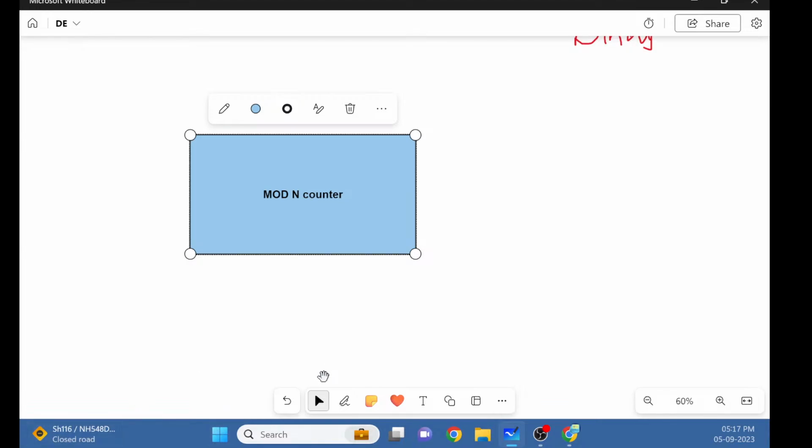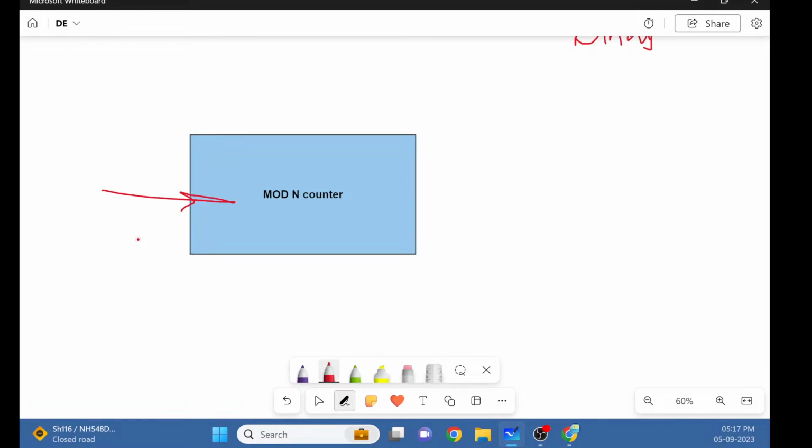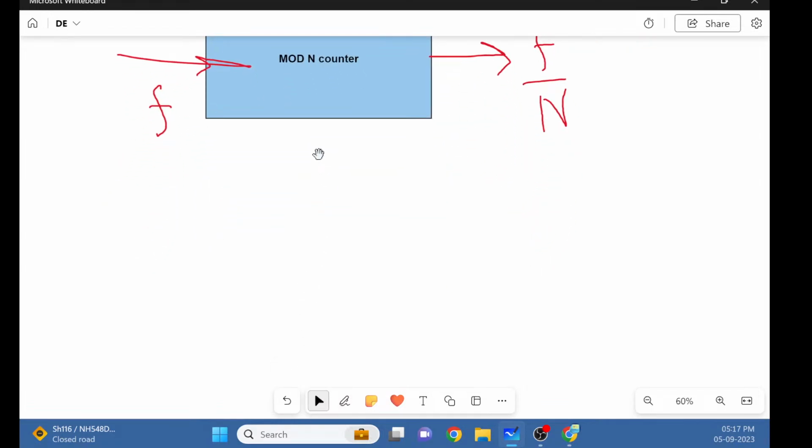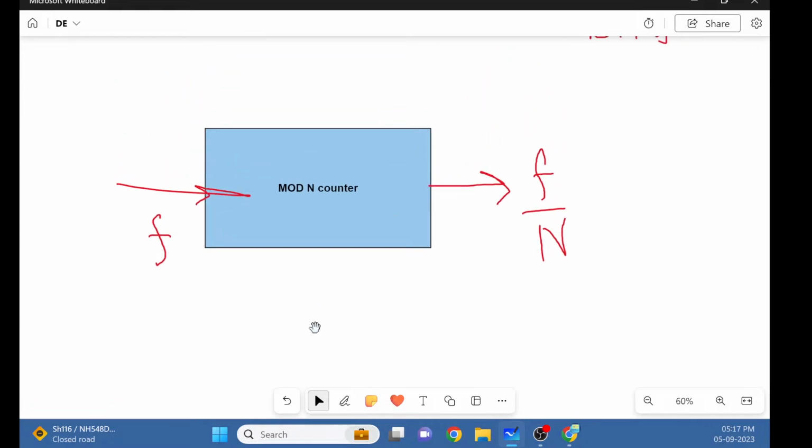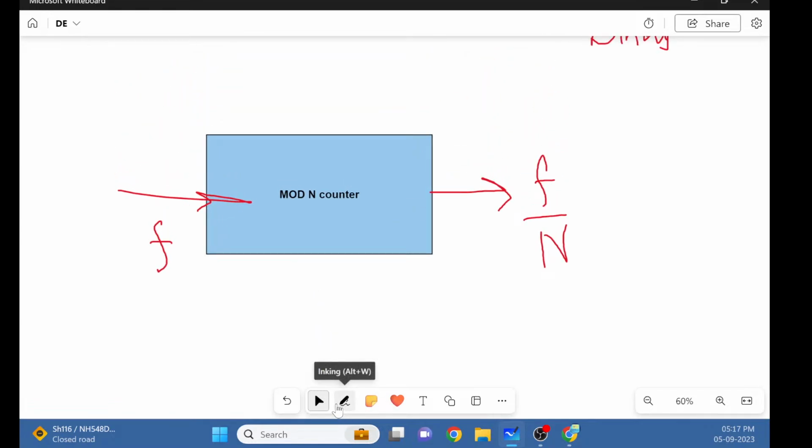So we can say that if the input frequency is f, then the output frequency would be f divided by n. Very simple to understand. The overall states here are n.